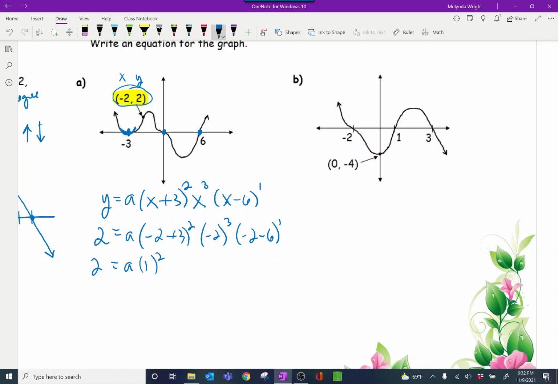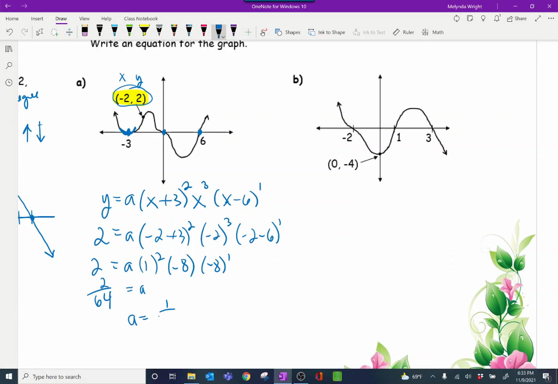Okay, so let's keep cleaning that up. So 1 squared is just 1. Negative 8 times negative 8 is a positive 64. So a is going to be 2 over 64, or let's simplify that fraction. That's 1 over 32. Okay, great. So let's write our final answer. So y would be 1 over 32.